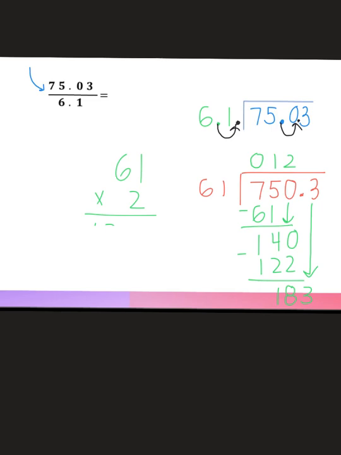Well, I know 2 times 61 was 122 because I just did that multiplication. So I wonder what 61 times 3 would get me. 3 times 1 would be 3. 3 times 6 is 18. Well, look at that. 183 perfectly. So I'll put my 3 up top. 3 times 61 we just found was 183. Subtract, and we're left with 0.